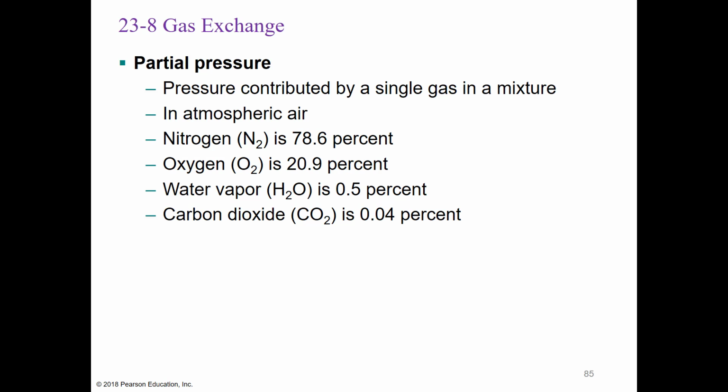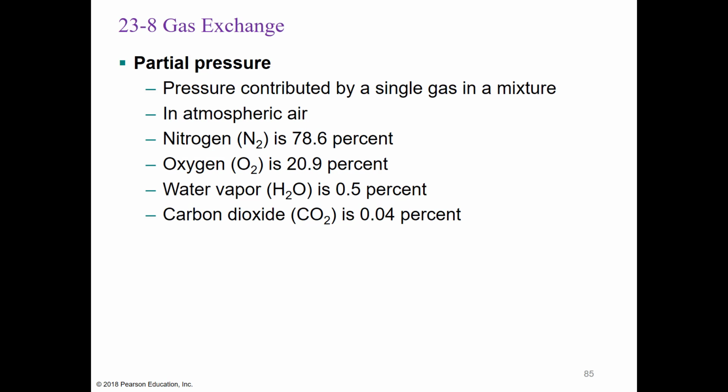In the air we breathe, nitrogen is about 78.6%, oxygen 20.9%, water vapor 0.5%, and carbon dioxide 0.04%. So when we breathe air in, we're not just breathing in oxygen, we're bringing in other gases as well. But the oxygen is what we really want and what we really care about.